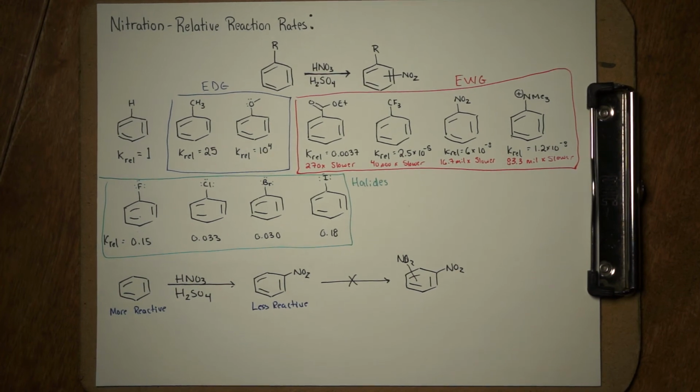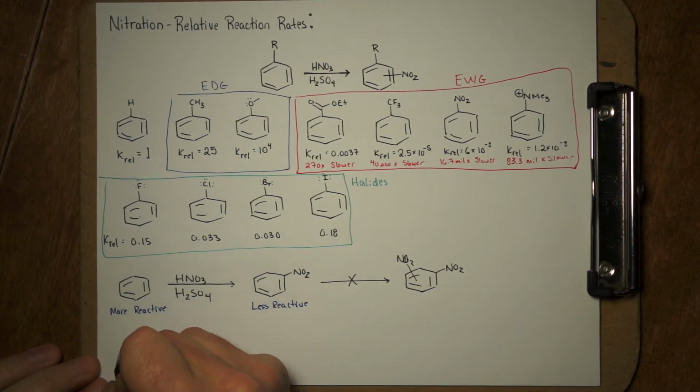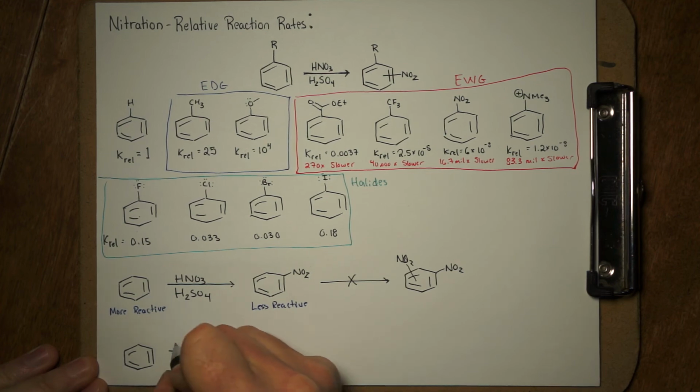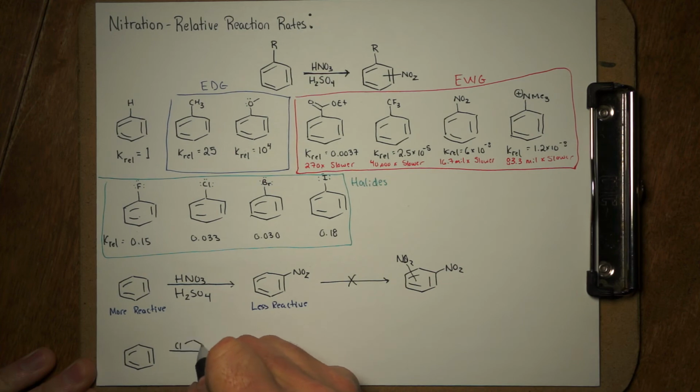Okay, but if we're doing other reactions, say we want to do alkylation, so we'll take benzene and just add a tert-butyl group, so we'll take tert-butyl chloride and catalytic aluminum chloride.